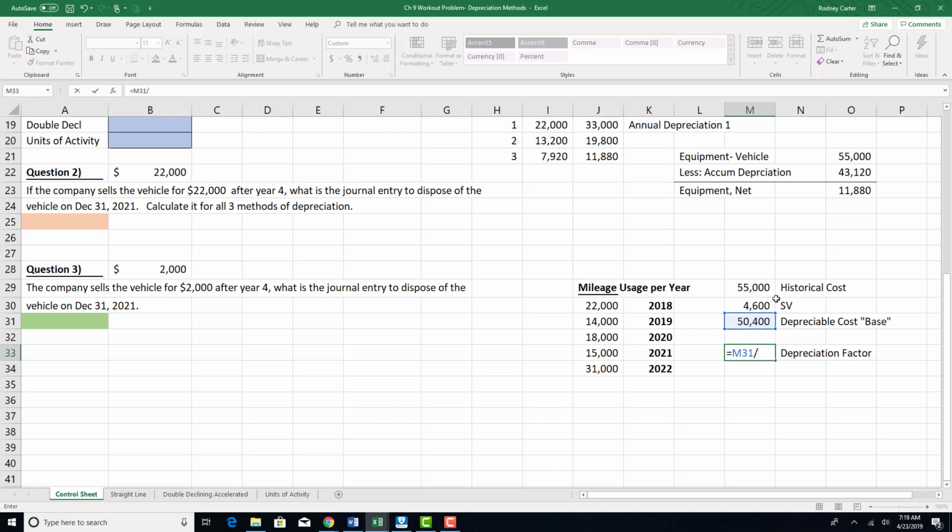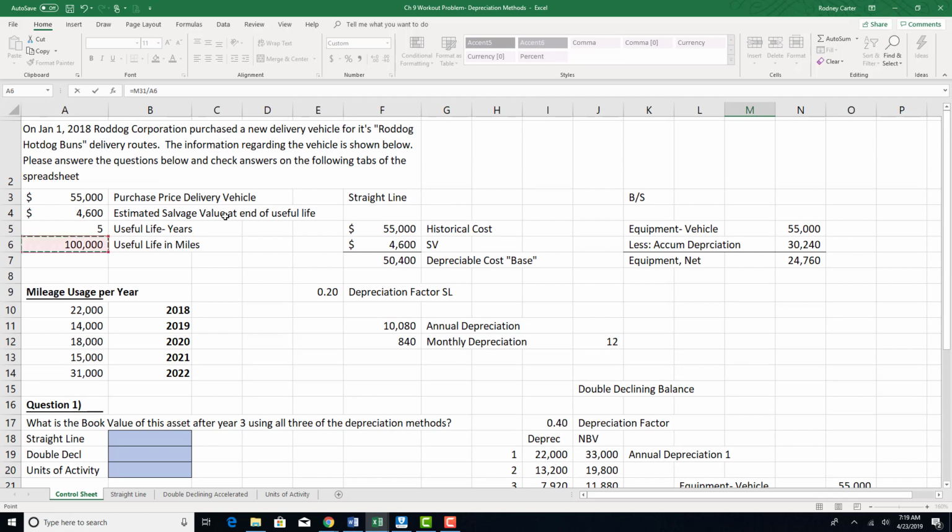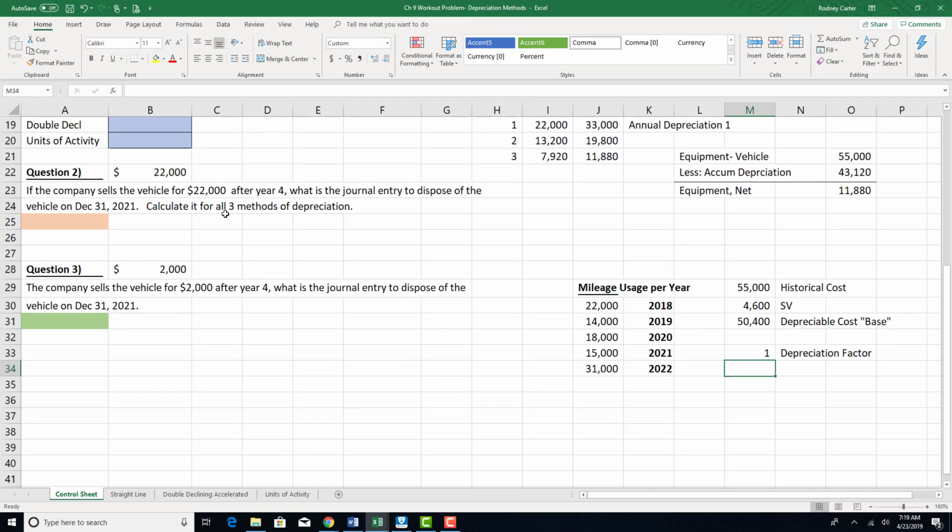And then we're going to divide this by the number of miles in the useful life, which was 100,000 miles. So our depreciation factor is 0.5040.